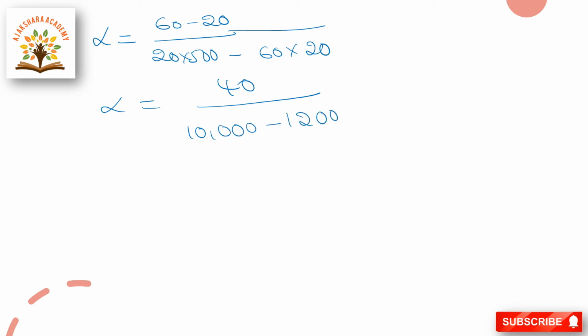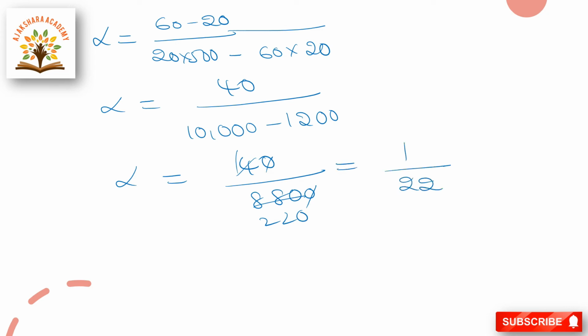So that is equal to 40 by 8,800. The 0 gets cancelled, 4 ones are 4, 4 twos are 8. So that is equal to 1 by 220. So alpha is equal to 1 by 220 per degree centigrade.